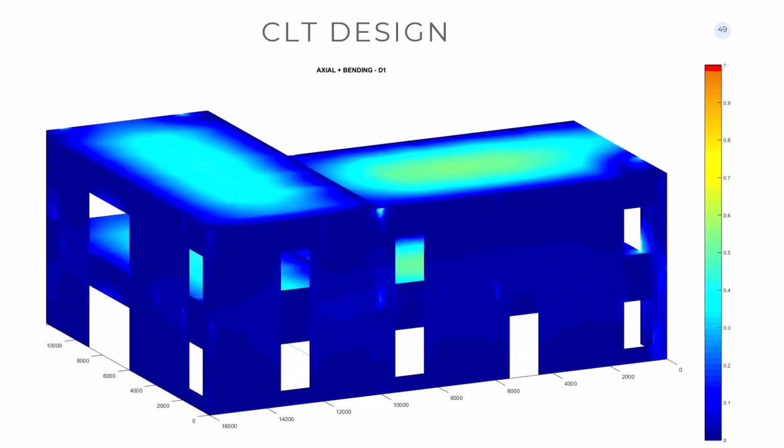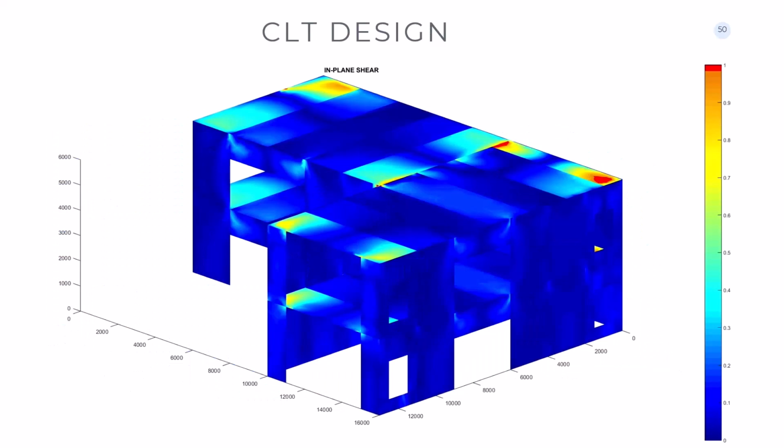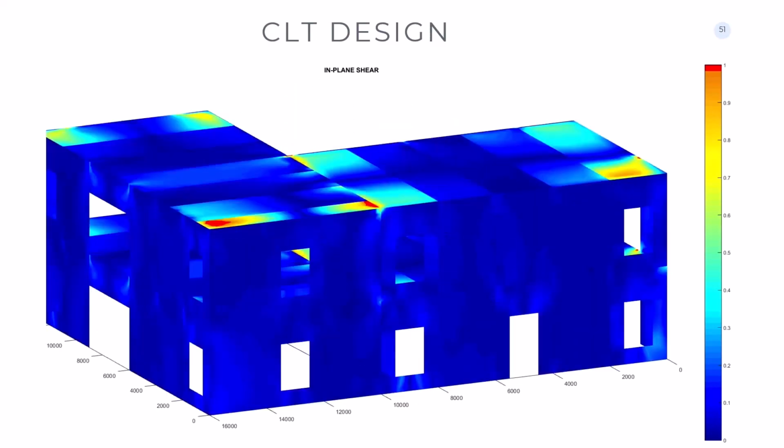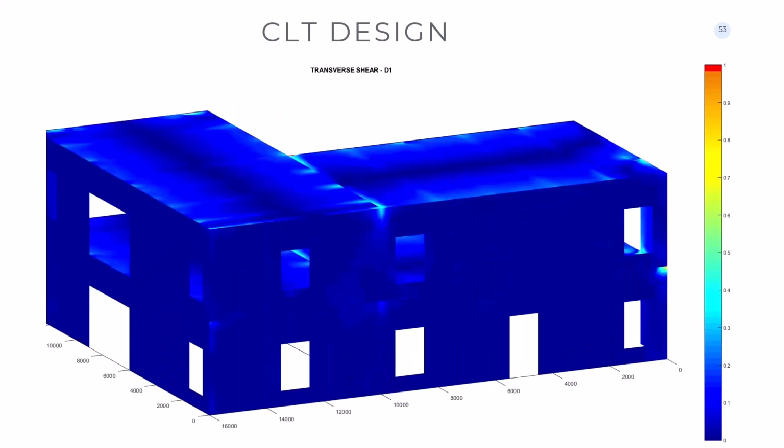So for example, this is axial, bending and in-plane shear. We can dig in here and see why we are over 1, see the element, and go back to the formula to see which combination is relevant, whether it is an effect of linear concentration of stress, or relevant. You see here in-plane shear again, and transverse shear.